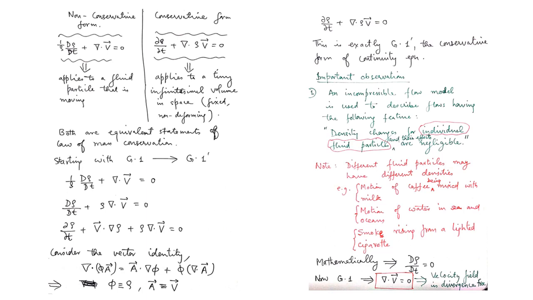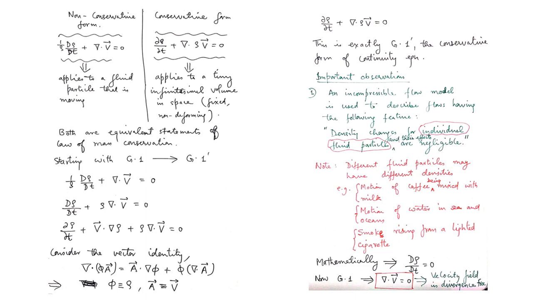Now, examples where you have exactly this kind of situation, where the flow is incompressible but there are significant density variations across different particles. Consider mixing milk in a coffee: you pour milk and then stir, and during the mixing process there is a motion of coffee and milk together.